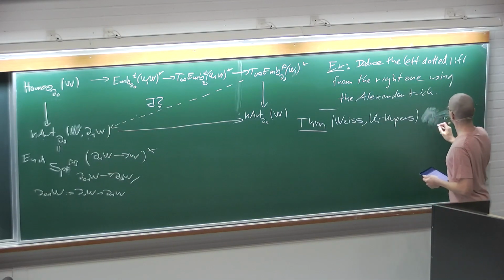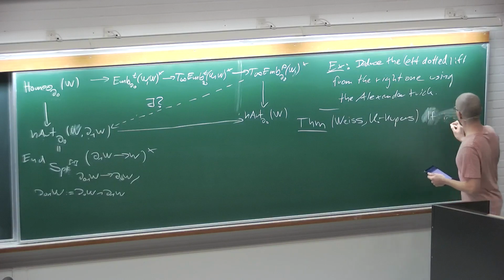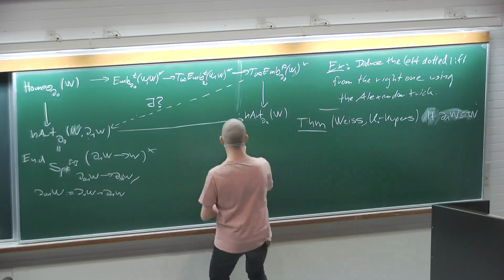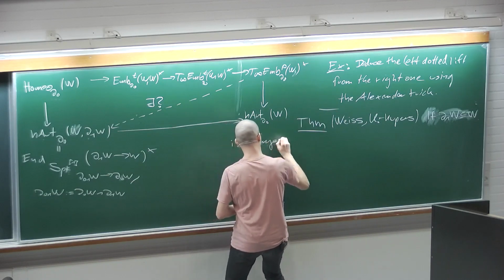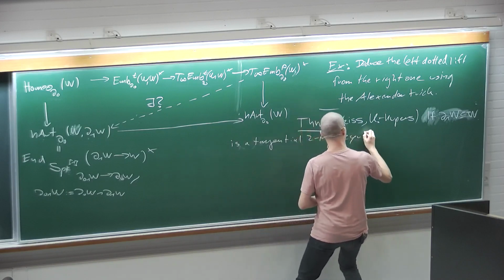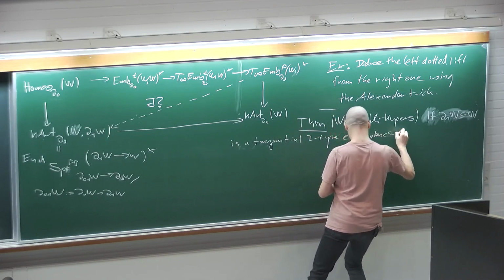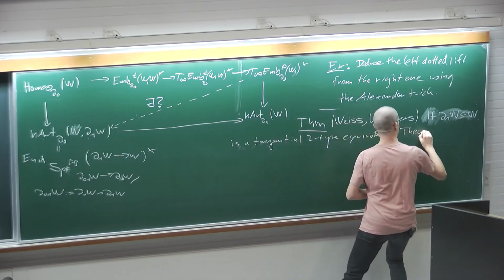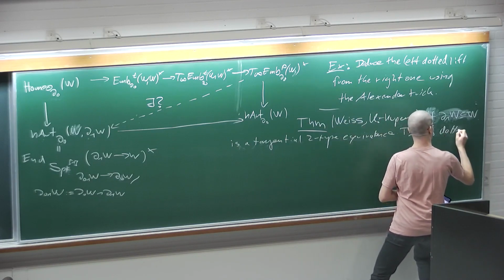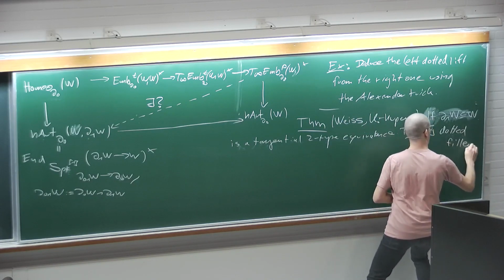So let's say the only condition in addition is that the inclusion of the moving part of the boundary in W is a tangential 2-type equivalence. Then there is such a dotted map.